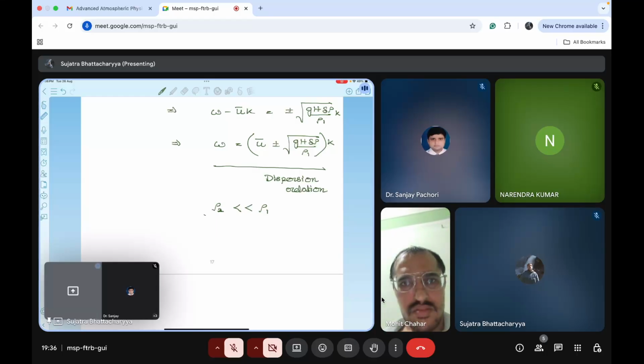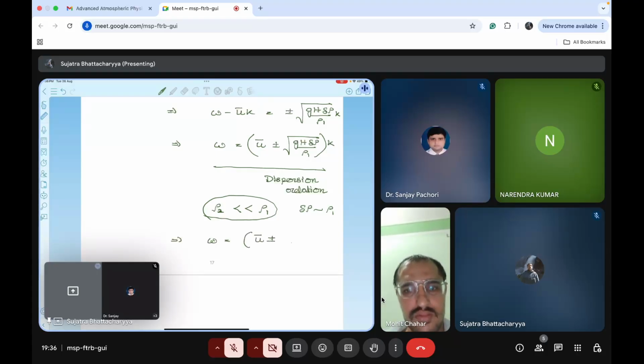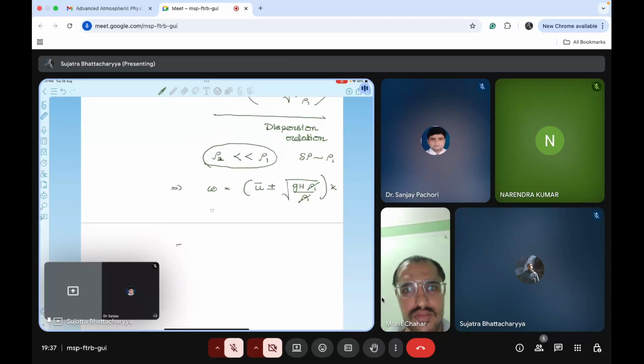So if this kind of approximation is valid, rho 2 is much less than rho 1, then Δρ can be assumed to be equal to rho 1, because it is nothing but rho 1 minus rho 2. So can we then write like this? ω is equal to ū plus minus root over gh rho 1 by rho 1, because rho 1 is the largest. So this cancels. And so finally, this is my dispersion relationship based on the assumption which I have told. So root gh.